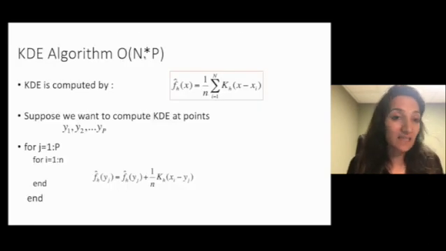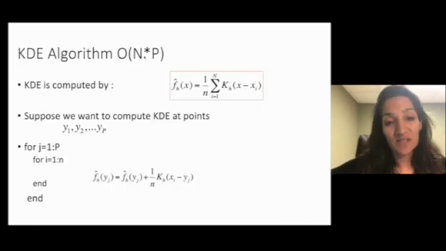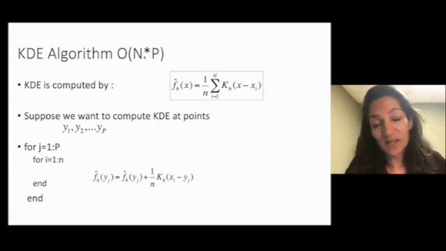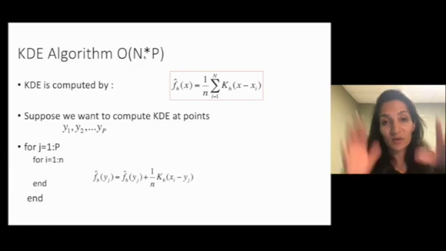Now, is this efficient? This is much less efficient, because if you want to estimate your kernel density at p points, then you have to look at the contribution of all of the n Gaussians centered at all the n data points at every one of your p points. Now, this might not be a huge problem in 1 dimension, but what about 2 dimensions?